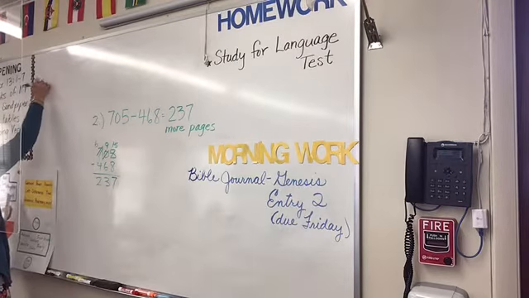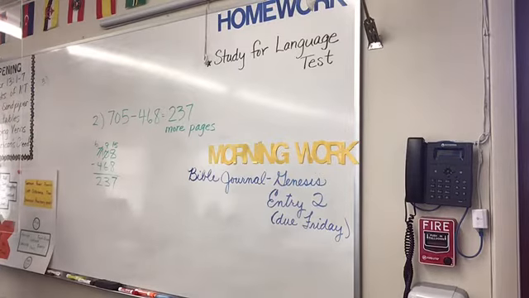Number 3. Jana, you want to read that for us? The Miller family is traveling 1,000 miles to visit grandparents. They have traveled 565 miles the first day. How far do they need to go to arrive the next day?